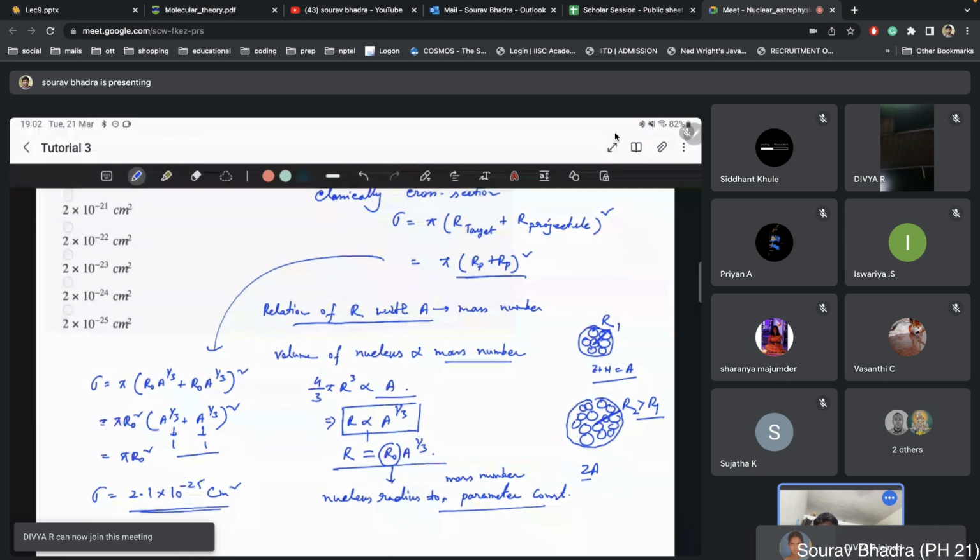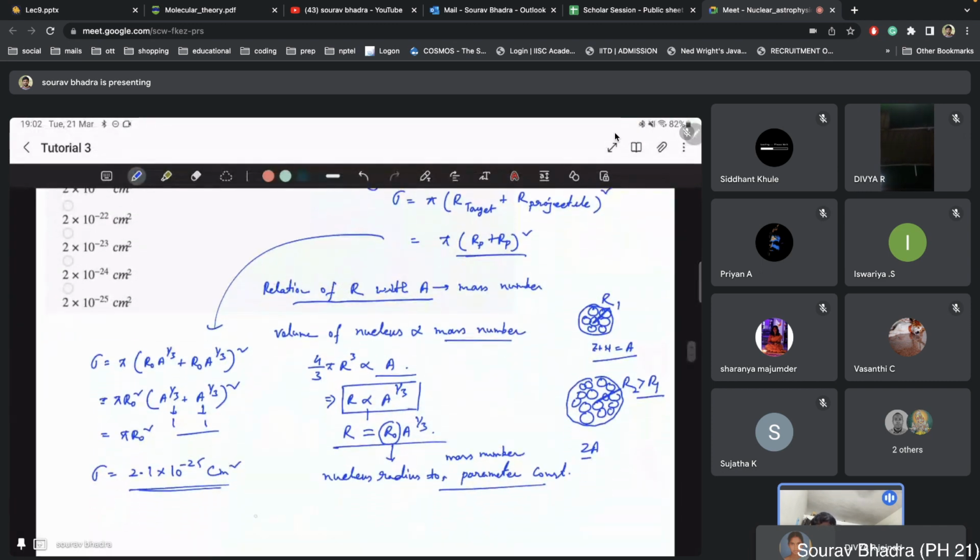And if instead of proton, suppose there were helium, 2He4 plus 2He4, and you have to calculate the classical cross section, then r0 is constant for all values because it is a constant. So A will be 4 for helium.